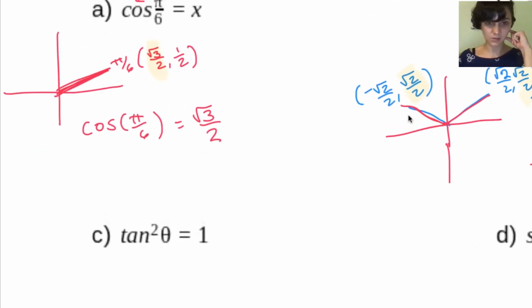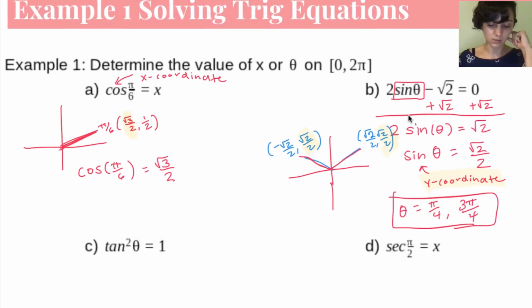C is a little tricky, I'll be honest. Again, I want to get the trig function by itself, so my first step is to take the square root. When I take the square root, I get tangent of theta, and then the square root of 1 is both plus and minus 1.